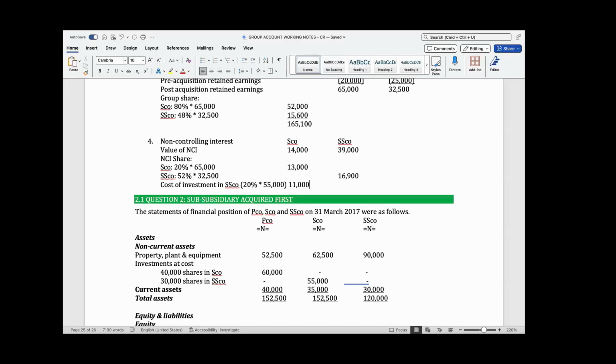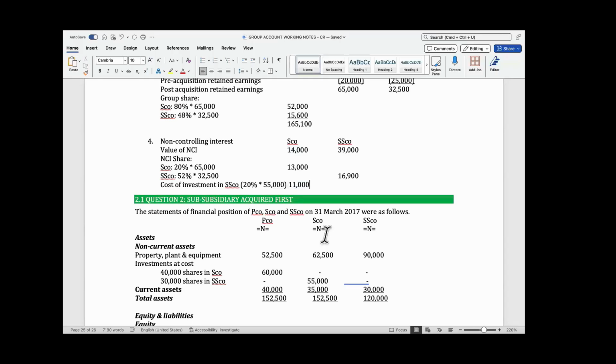It will affect our value in NCI. So is it going to go up or come down? Is it going to come in as an addition or a deduction here? What's the question again, sir? Sorry. This 11,000, will it be added to these other items or deducted? Deducted. Why?